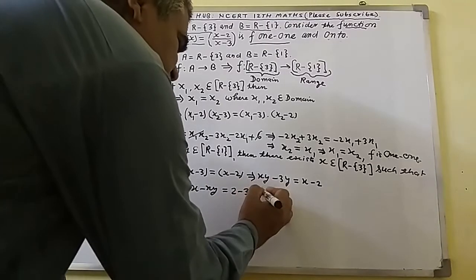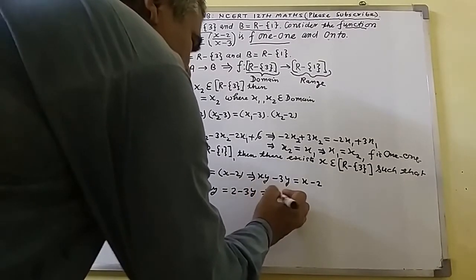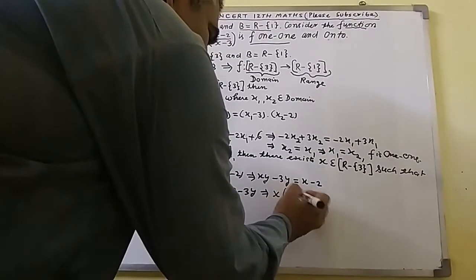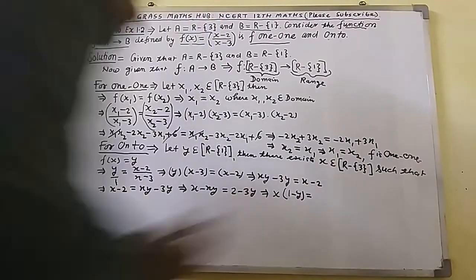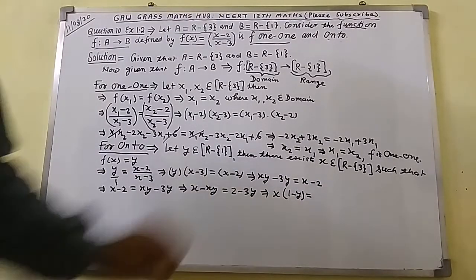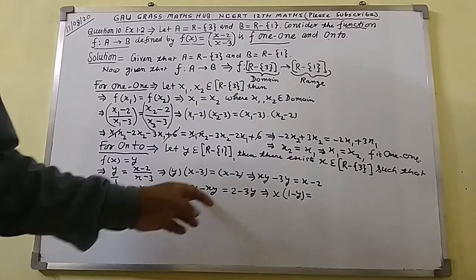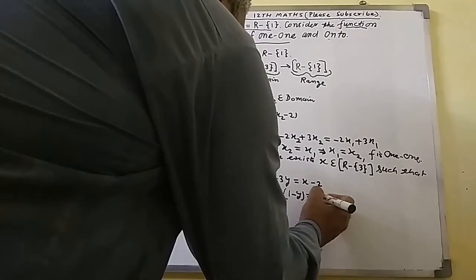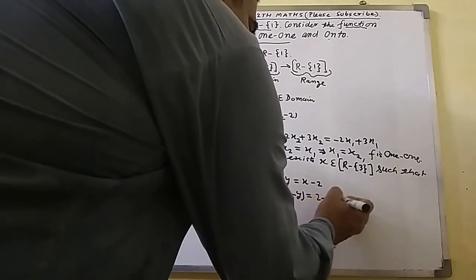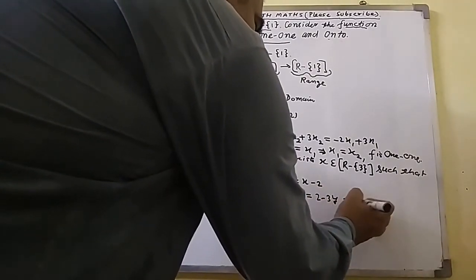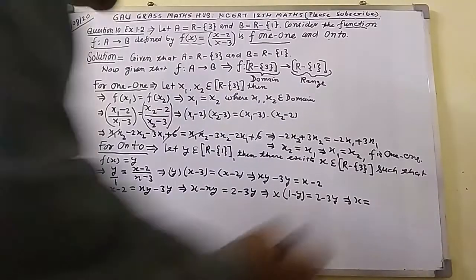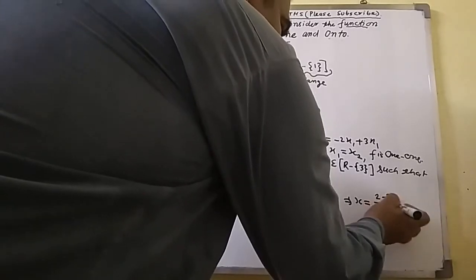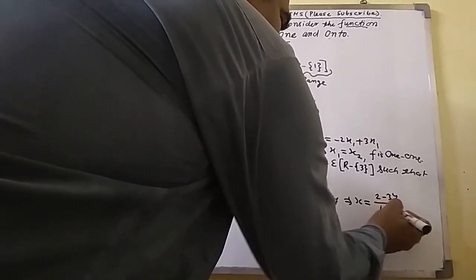It will become x times 1 minus y, in bracket it comes out to be 1 minus y, and the right side you can write 2 minus 3y. So here you will get the value of x equal to (2 minus 3y) over (1 minus y).